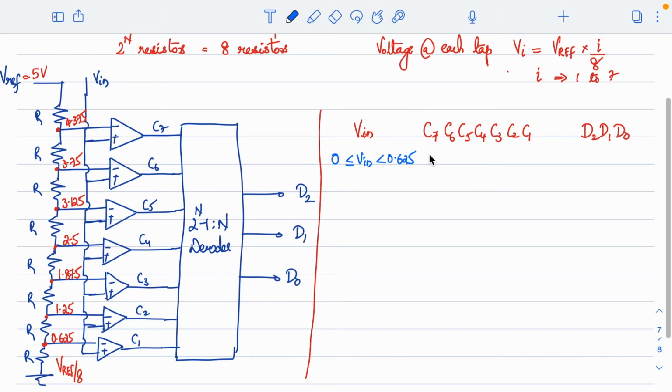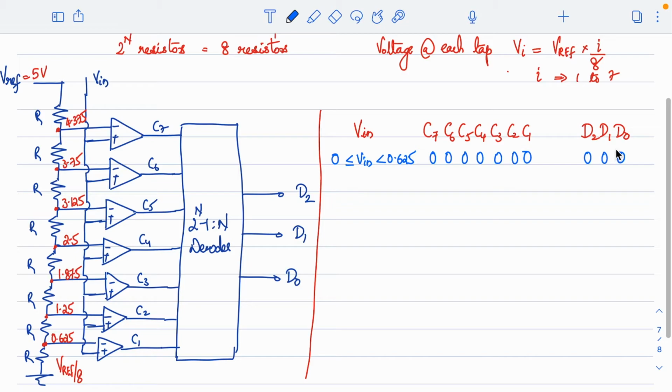So initially, all comparators will be at 0: when the input voltage is lesser than 0.625, the output is 0, and correspondingly what I have is also 0.